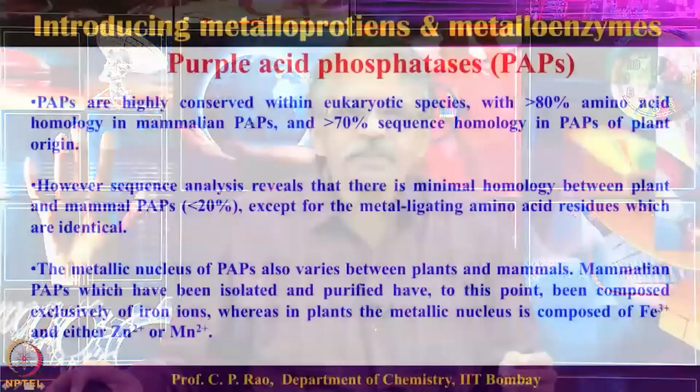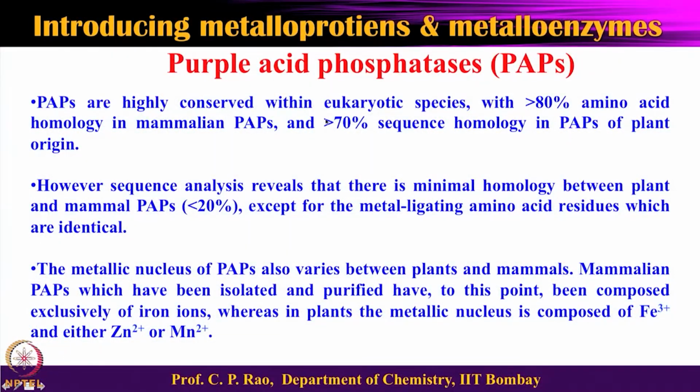Now, let us look at some other species which are, let us say, eukaryotic species and the higher level which is mammalian. There is a large proportion of overlap of the amino acids between the eukaryotic species for purple acid phosphatases and mammalian purple acid phosphatases. On the other hand, if you look at the plant based purple acid phosphatase with that of the mammalian, there is a large difference.